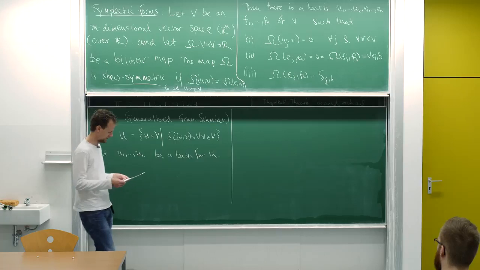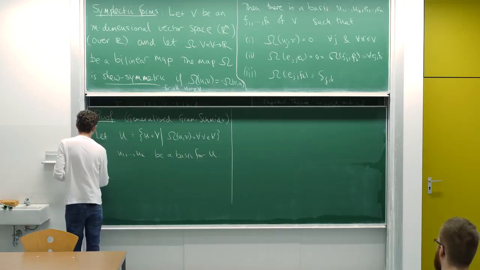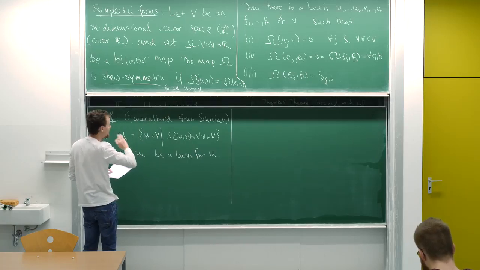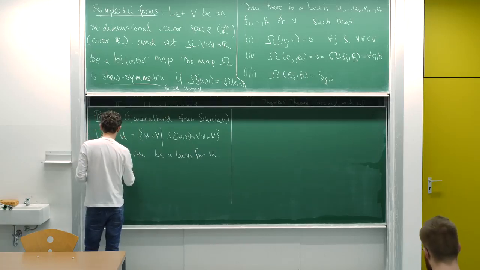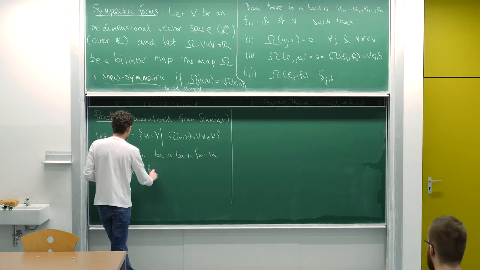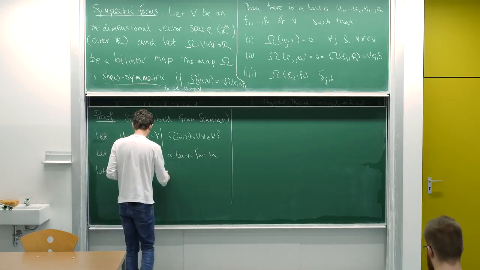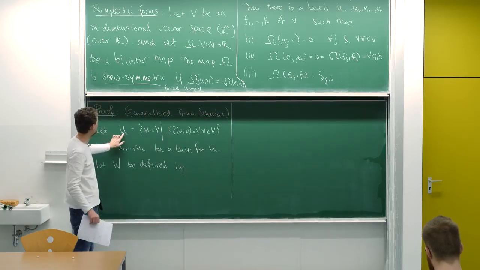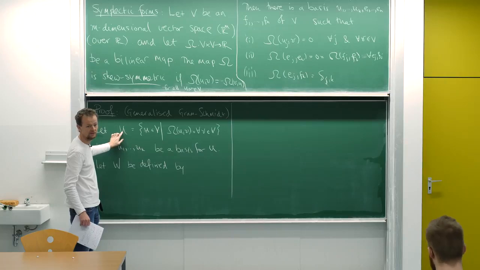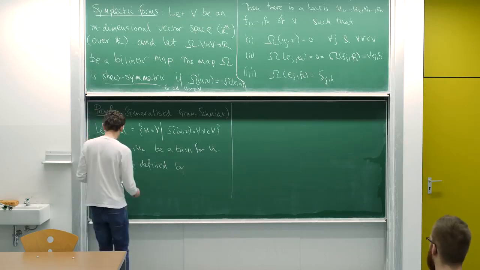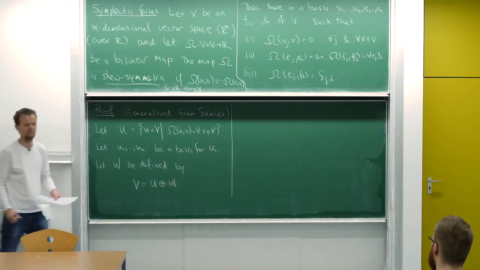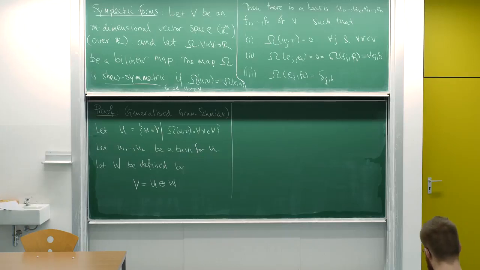And now we're going to inductively build up this e_j, f_k basis by looking at the complement of this subspace in V. So take V, realize it as a direct sum of U plus something else, direct sum W, whatever this W may be.